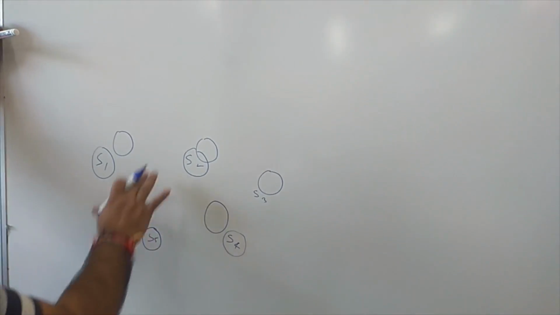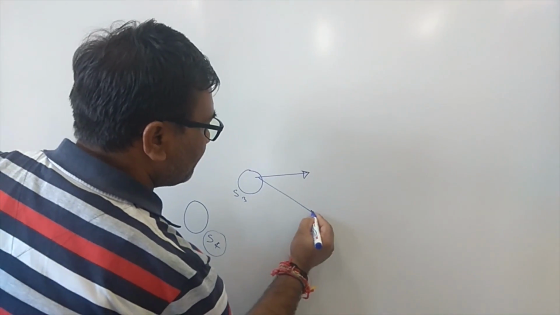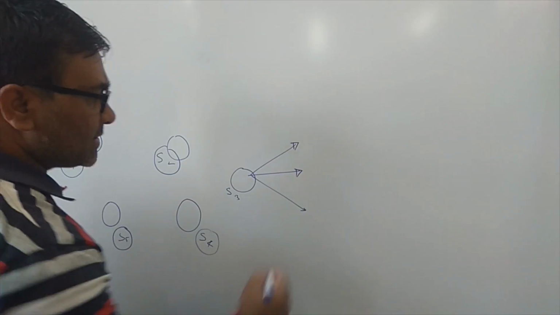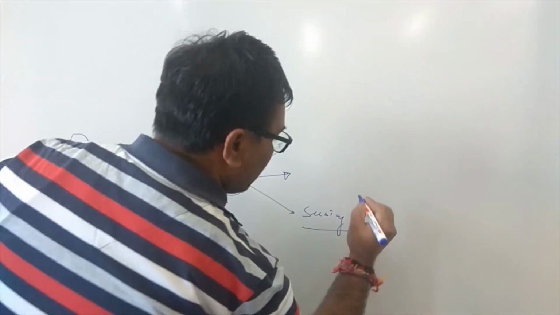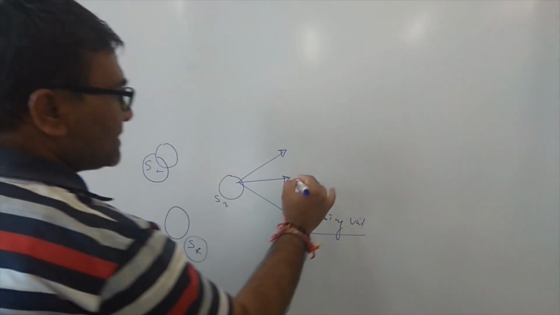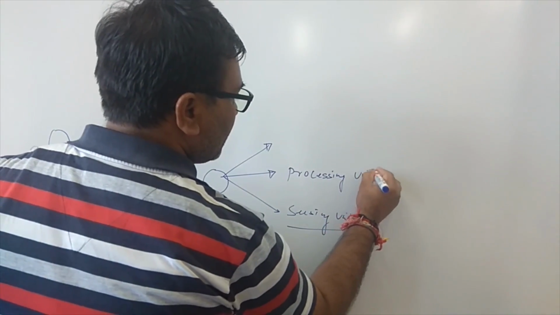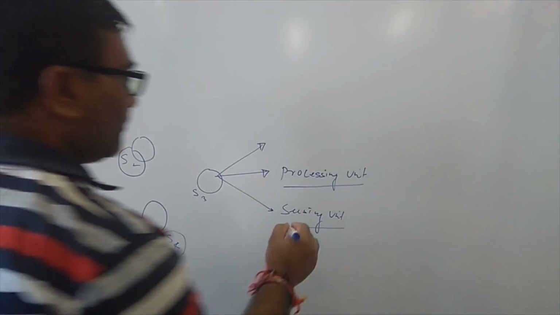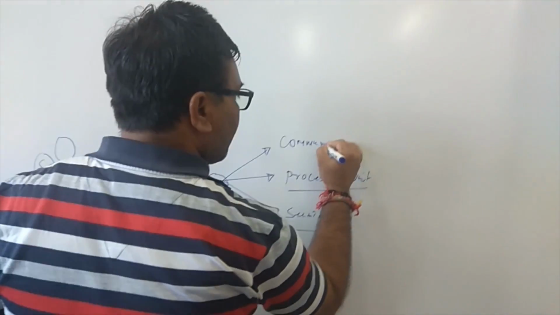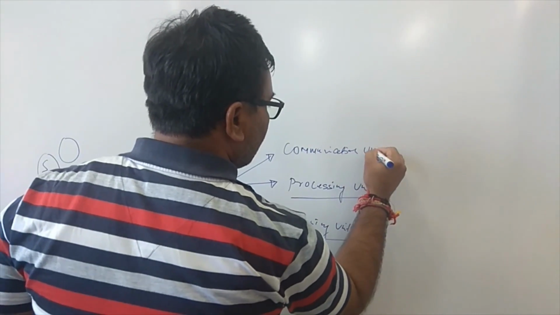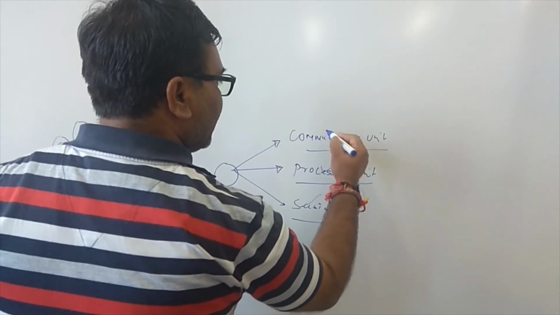We know that each sensor has 3 units: first the sensing unit, second the processing unit, and third the communication unit. Any sensor first senses the data, then processes the data, then communicates.